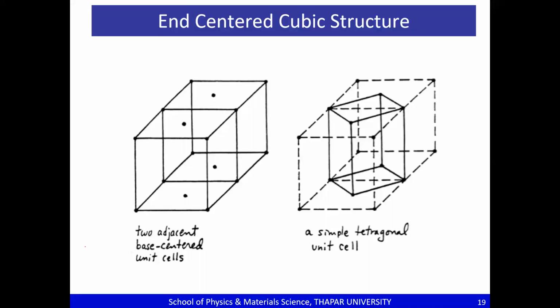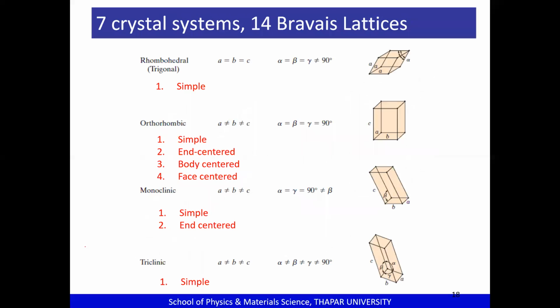So here is the summary. We have one primitive unit cell, which is simple, and 3 non-primitive unit cells, namely face-centered, body-centered, and end-centered. So there are 4 possible unit cell types. We have 7 possible crystal systems. So overall, 7 into 4, there are 28 different possibilities.